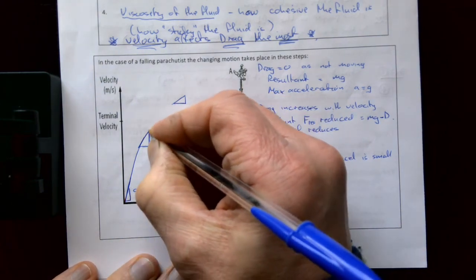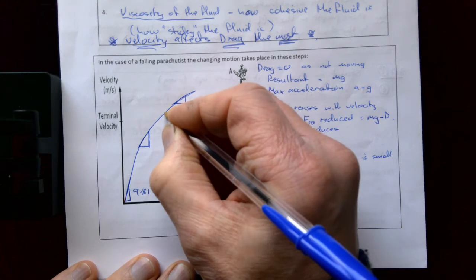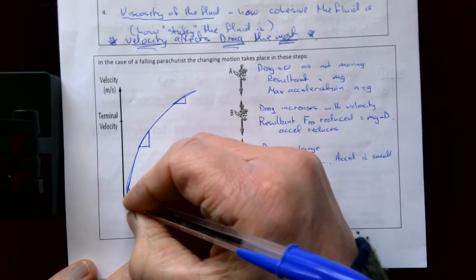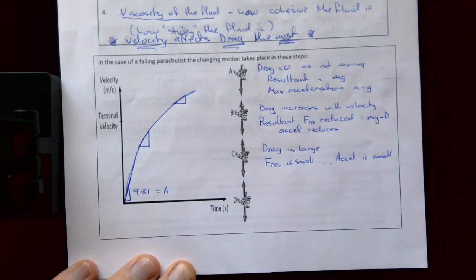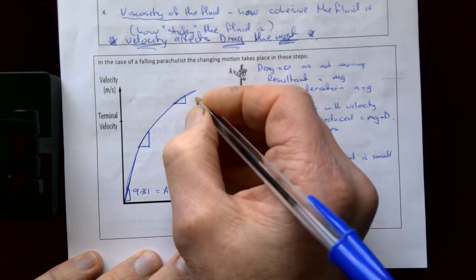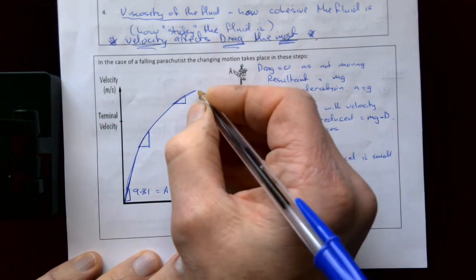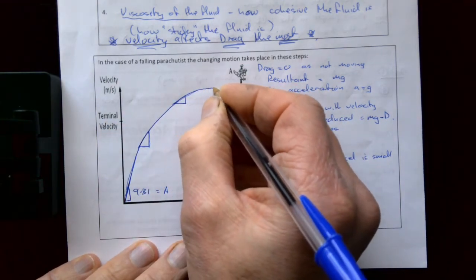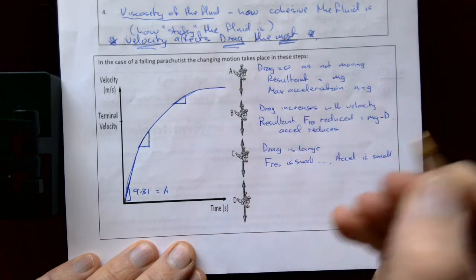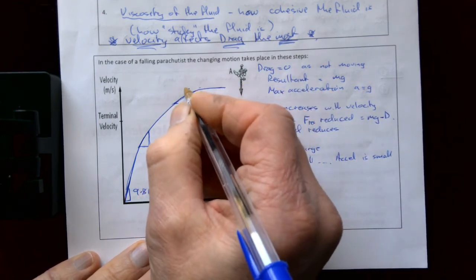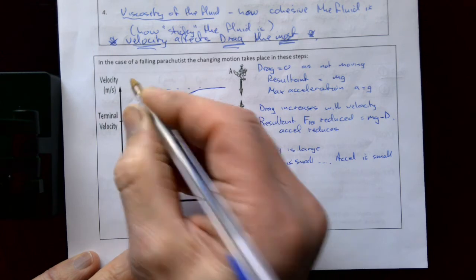So that's where you get that continuously changing gradient, until eventually, unfortunately I've gone way past my diagram here, until eventually you reach some maximum velocity.